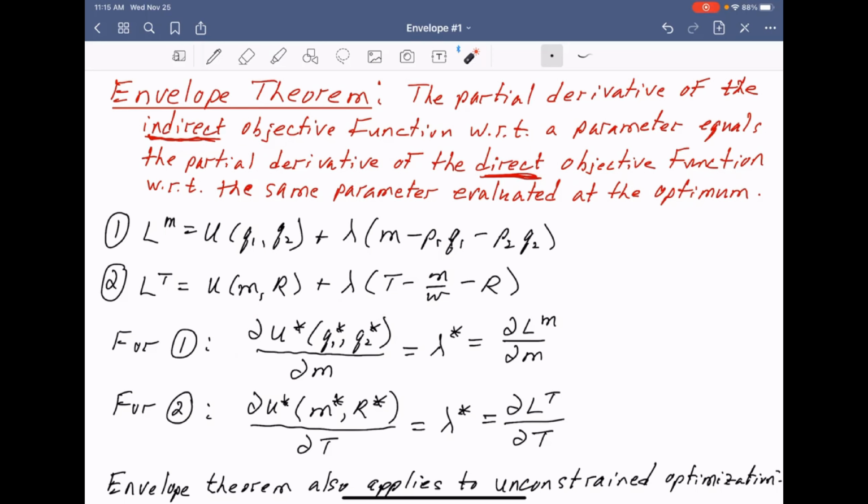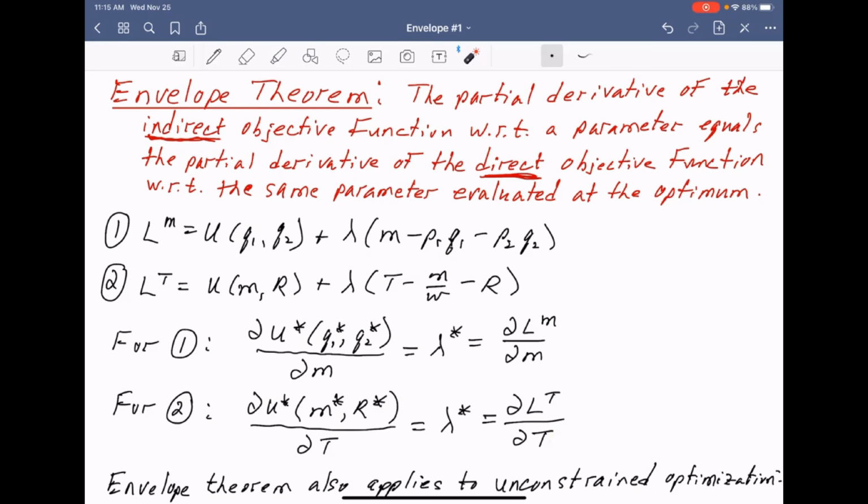All right, in the second case where we looked at labor-leisure choice, we have that the partial of the indirect utility function with respect to time is equal to lambda star, which is equal to the partial of the Lagrangian with respect to time.